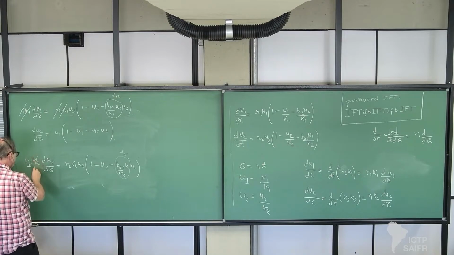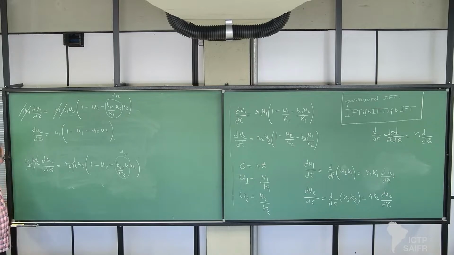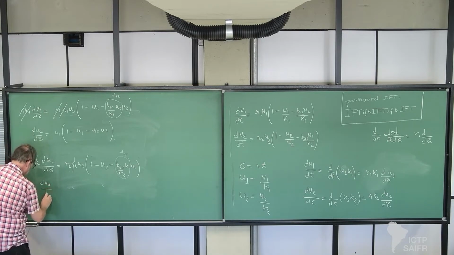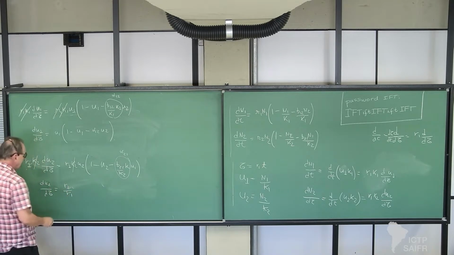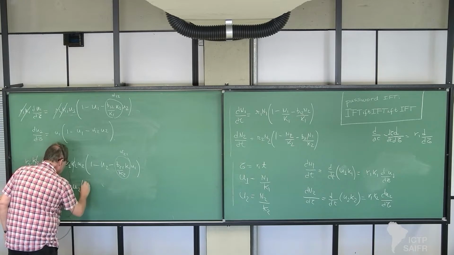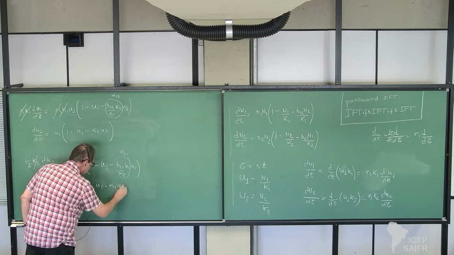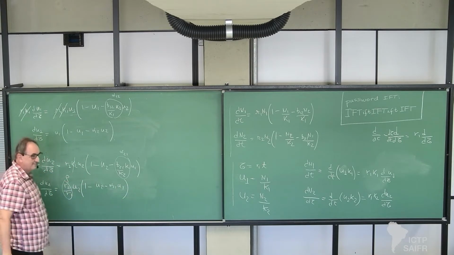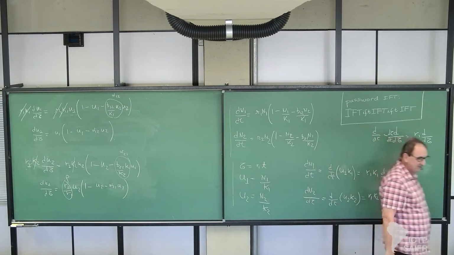Now this goes with this, but this doesn't cancel with this. So I will get du2 d tau equal to r2 over r1, u2 times 1 minus u2 minus alpha 2,1 u1. And this thing I will call rho. It's the ratio between the intrinsic growth rates of both species.